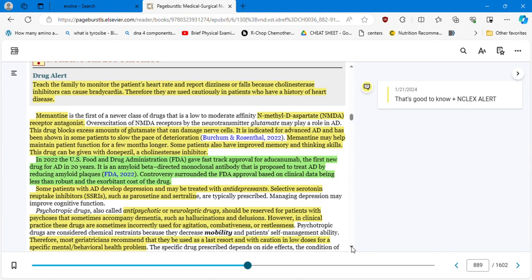In 2022, the U.S. Food and Drug Administration gave fast track approval for aducanumab, the first new drug for AD in 20 years. It is an amyloid beta directed monoclonal antibody that is proposed to treat AD by reducing amyloid plaques.